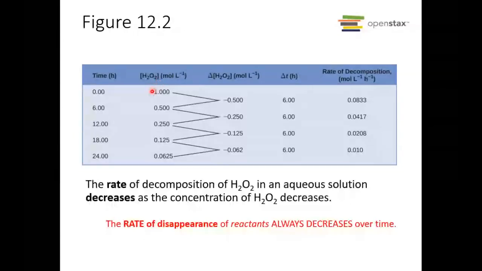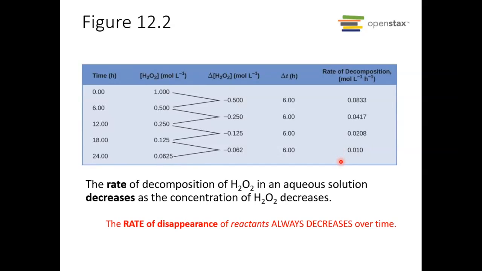Yes? Here it goes from 1 to 0.5 to 0.25. Okay, the concentration is decreasing. So look at what's happening to the change then. The change is also decreasing. And if the change is decreasing, then the rate is decreasing.